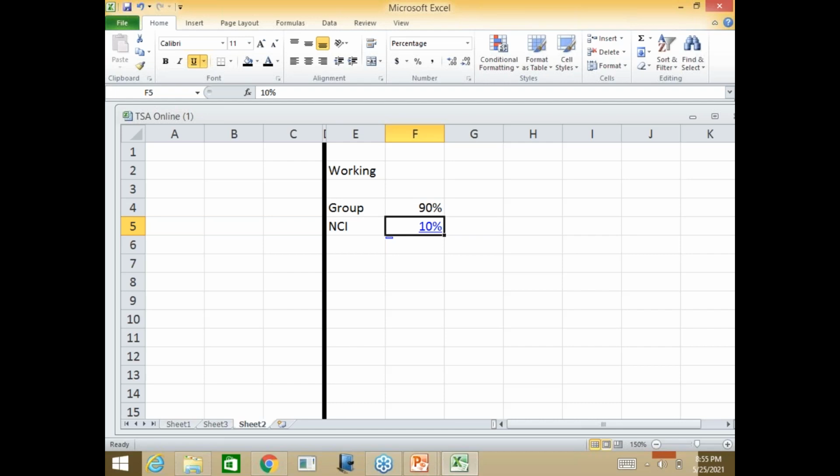The second thing that you need to calculate is the net assets. Net assets at acquisition, net assets at reporting. You should learn the art of solving this question, consolidation, in 30 minutes, not more than that.